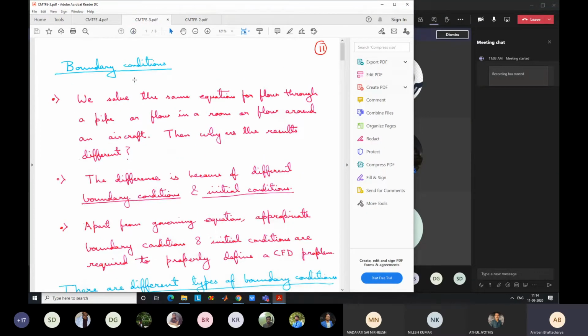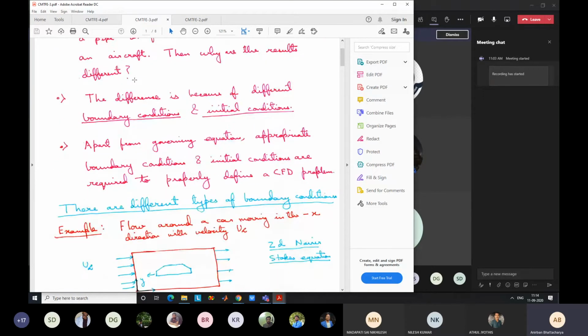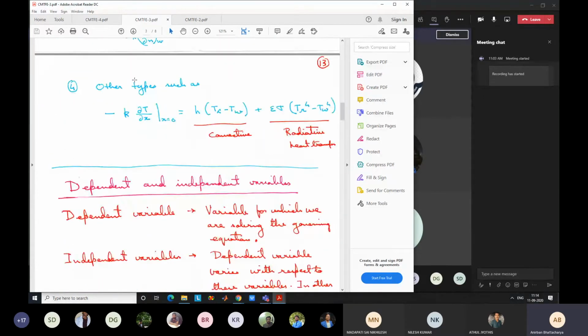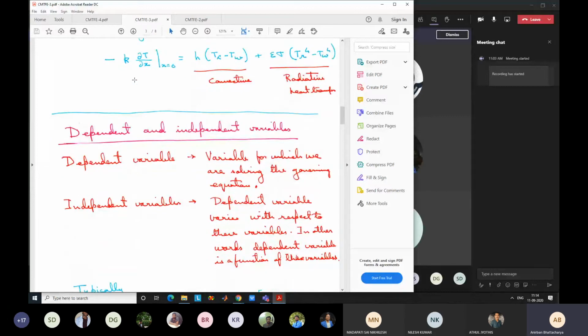And we also saw some of the important points regarding conservation equations, such as boundary conditions, what are the different types of boundary conditions, then what are dependent variables, the variable for which we are solving, then what are the independent variables. Independent variables were the variables on which the dependent variable depends.